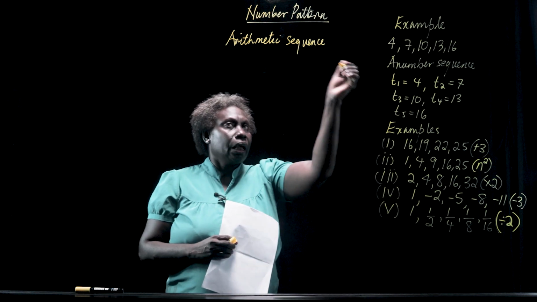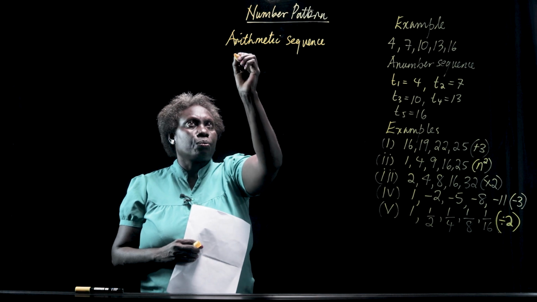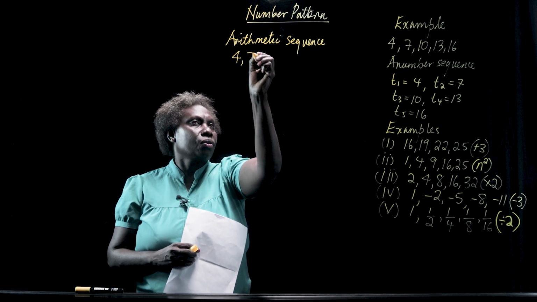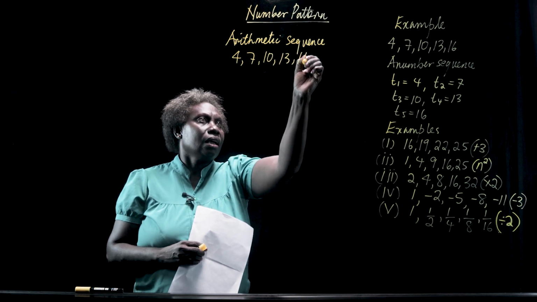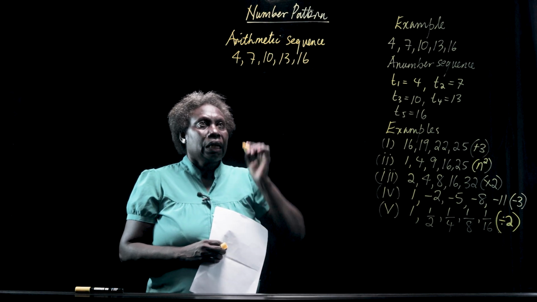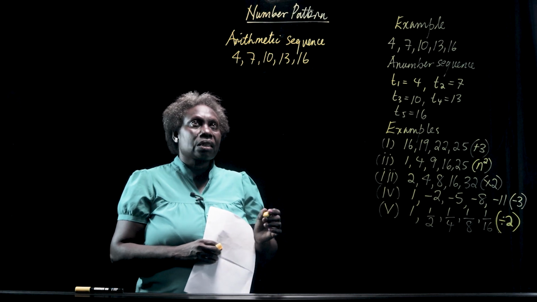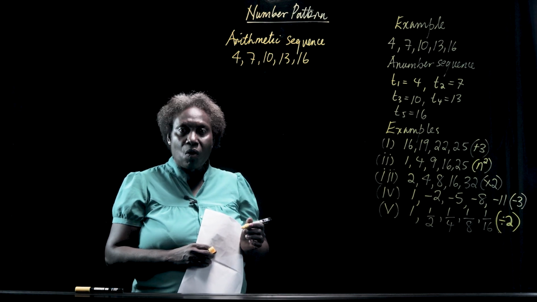Let's look at the example that we started off with, which is 4, 7, 10, 13, and 16. In this arithmetic sequence, the first term is 4.